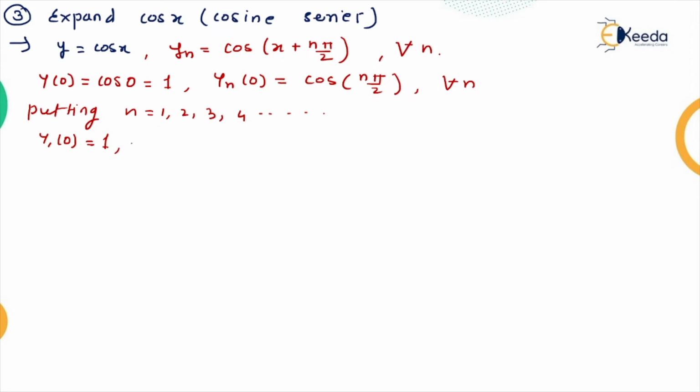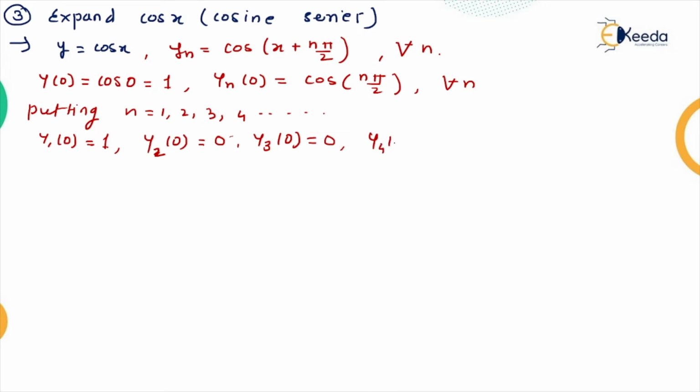Next, y2 of 0 means cos pi, and you know very well this is minus 1. y3 of 0 means cos of 3 pi by 2, which is clearly 0.